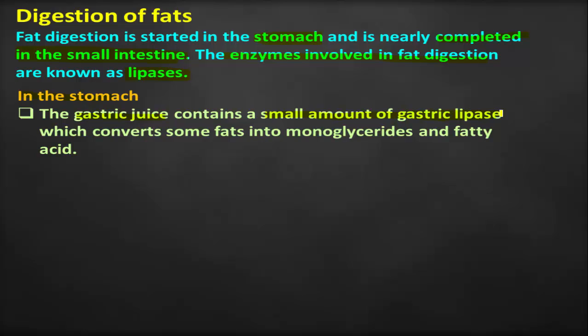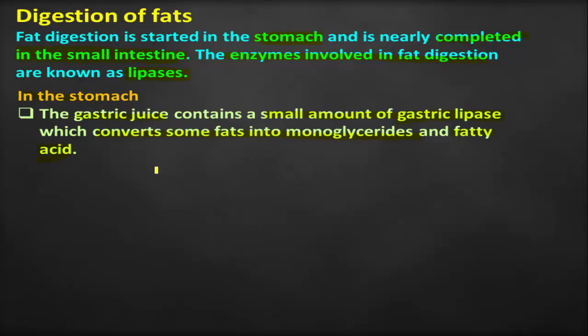The first enzyme with respect to the digestion of fats is gastric lipase, and this converts some fats into monoglycerides and fatty acids. It is a partial breakdown, not complete digestion, because for the complete digestion of fats, emulsification is a basic required process. Only after emulsification are the fat molecules completely digested into fatty acids and glycerol.